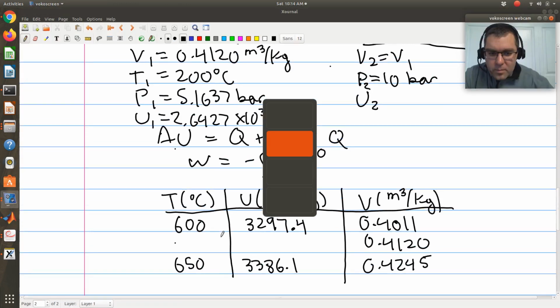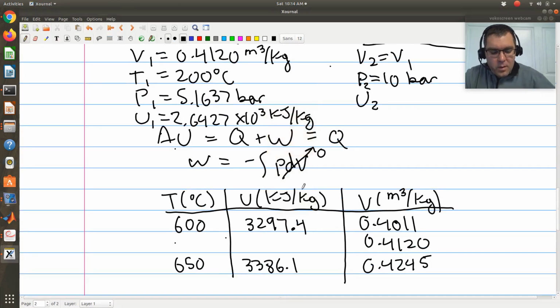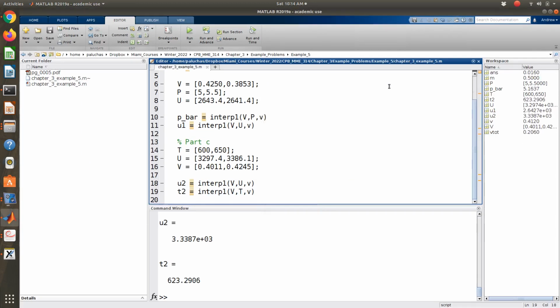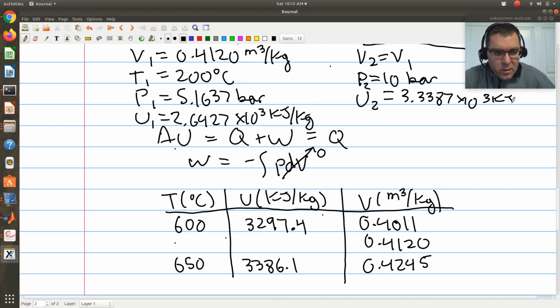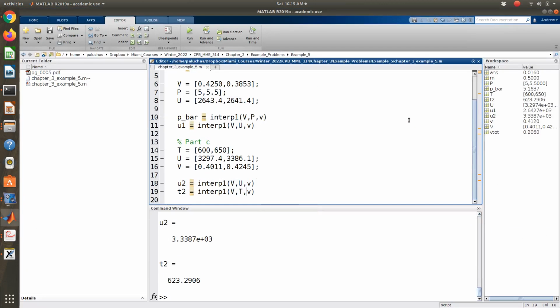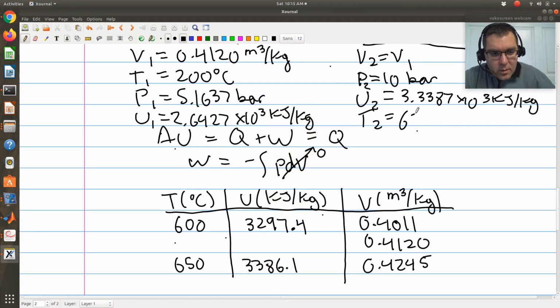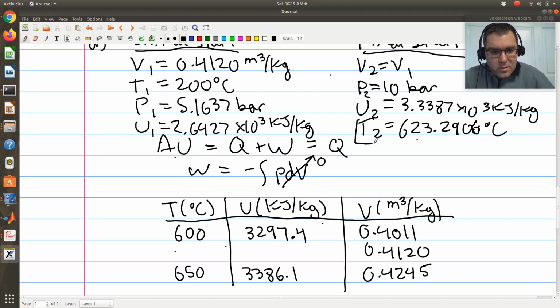So I get U2. I'm basically solving the next two problems at the same time. U2 is 3.3387 times 10 to the 3 kilojoules per kilogram. And T2, my final temperature, is 623.2906 degrees C. That's a pretty big temperature increase. So this is T for the next problem.